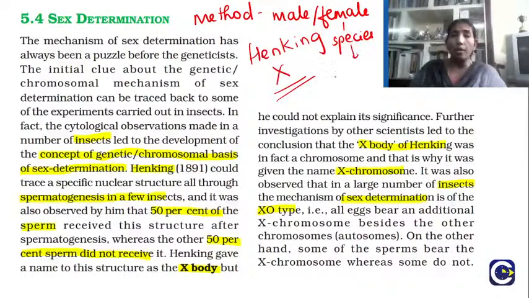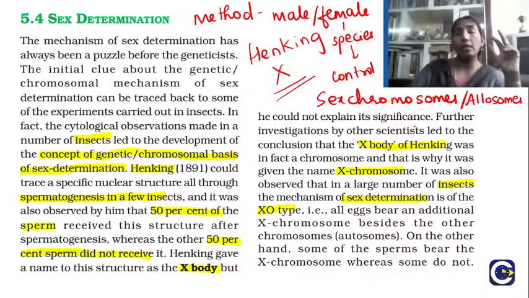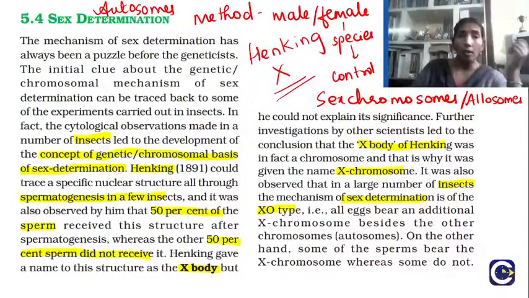It is under the control of a specific set of chromosomes called sex chromosomes, or allosomes. We have 23 pairs of chromosomes; the 22 pairs are the autosomes, and the chromosomes specific for determining sex are the sex chromosomes.